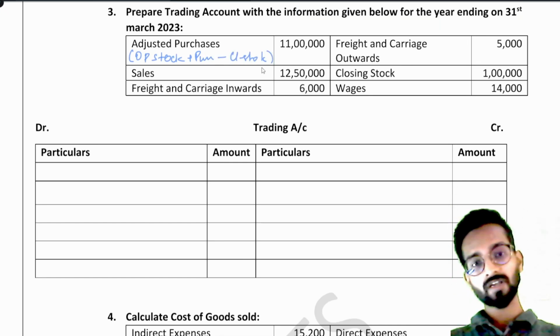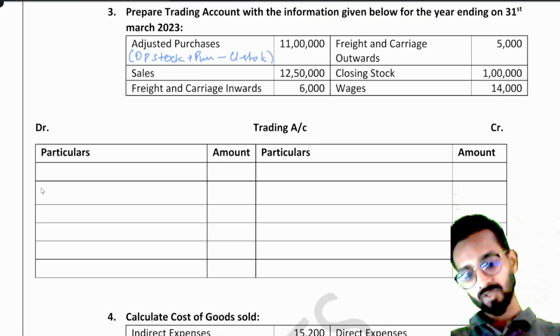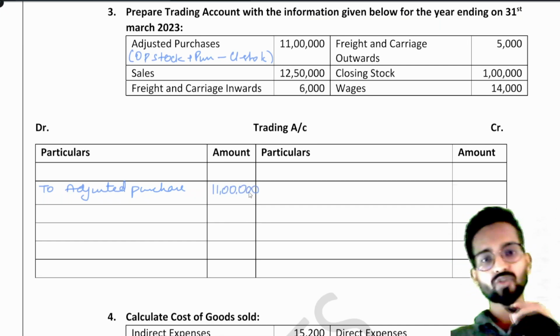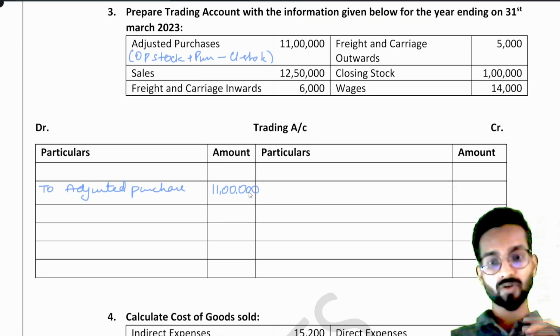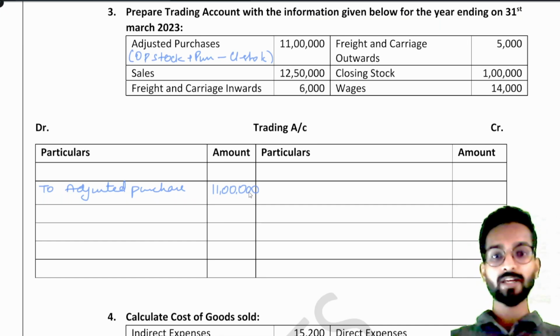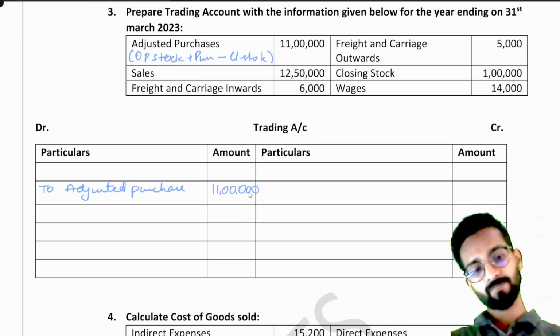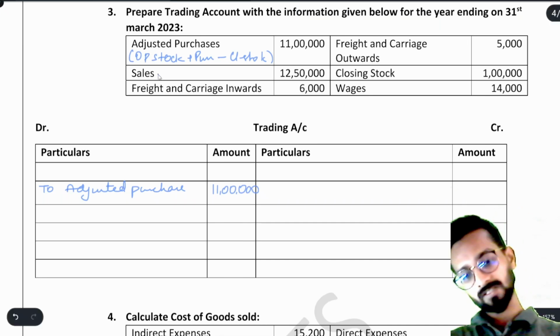These three we have already added and subtracted and we have got this figure of adjusted purchase 11 lakh. So you will write here to adjusted purchase. How much? 11 lakh. Sir, why is it so important? It is so important because if now in a question you get opening stock or purchase or closing stock, ignore all three of them.